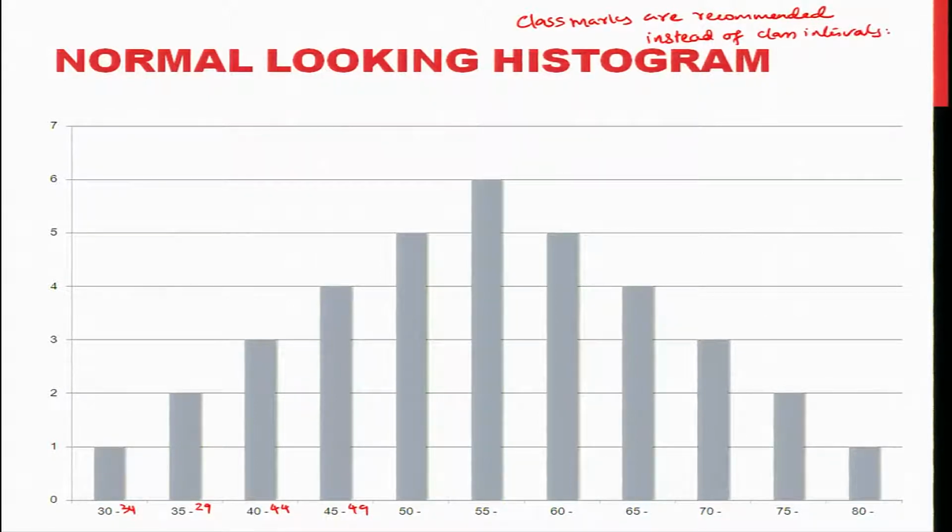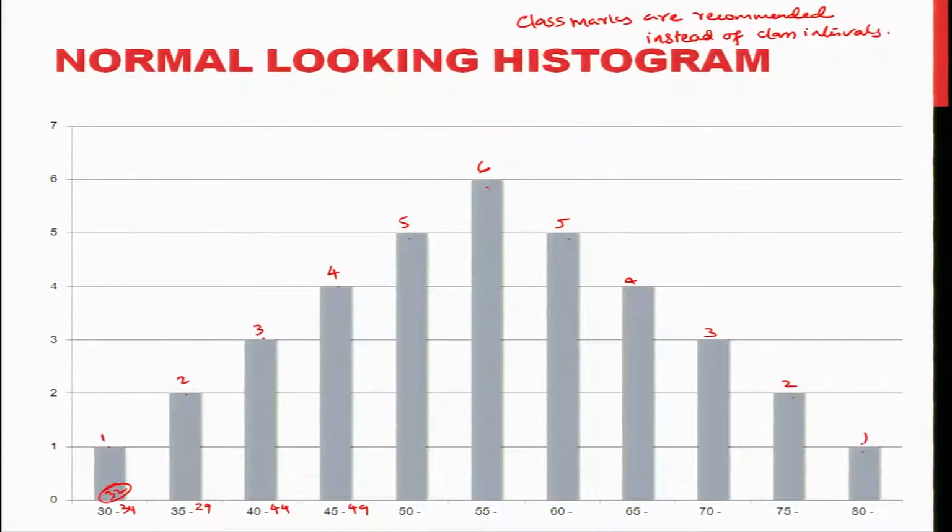Instead of 30 to 34 you can represent it as 32, which is the class mark for this particular class, rather than using the interval. In the 30 to 34 interval you have 1 data point, then 2, then 3, then 4, 5, 6, then again 5, 4, 3, 2 and 1.